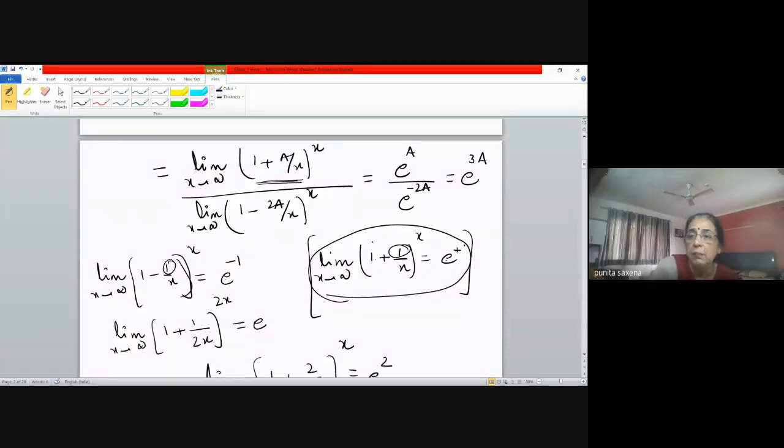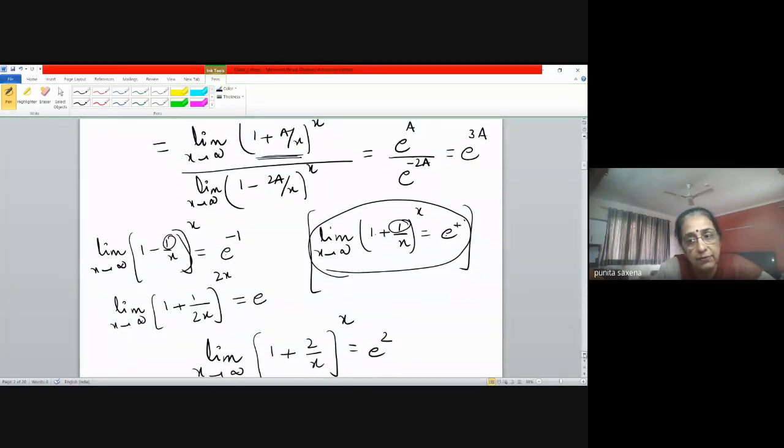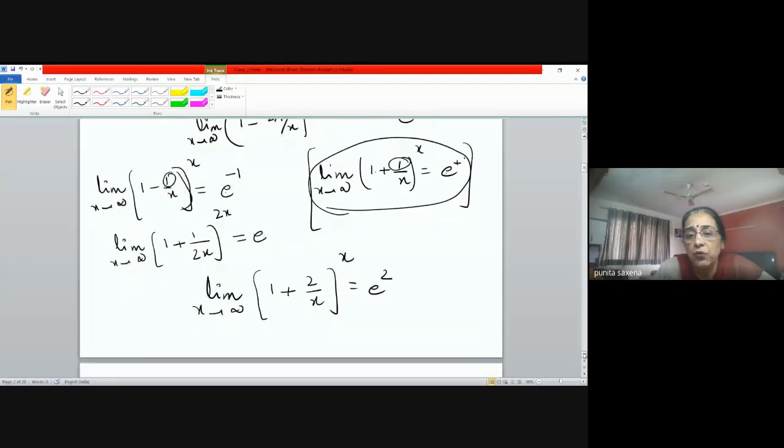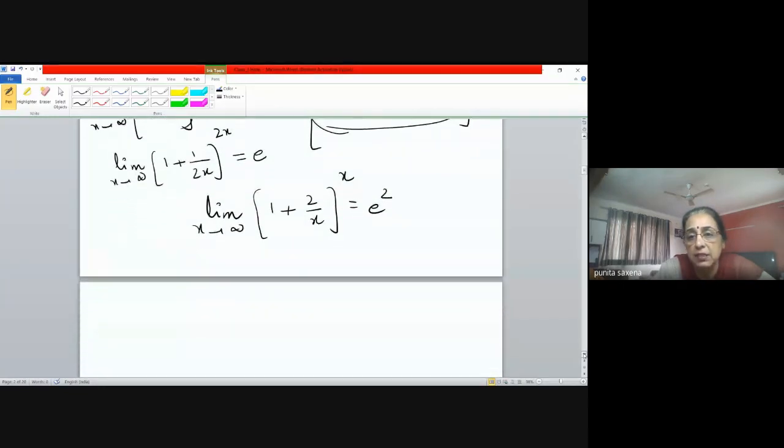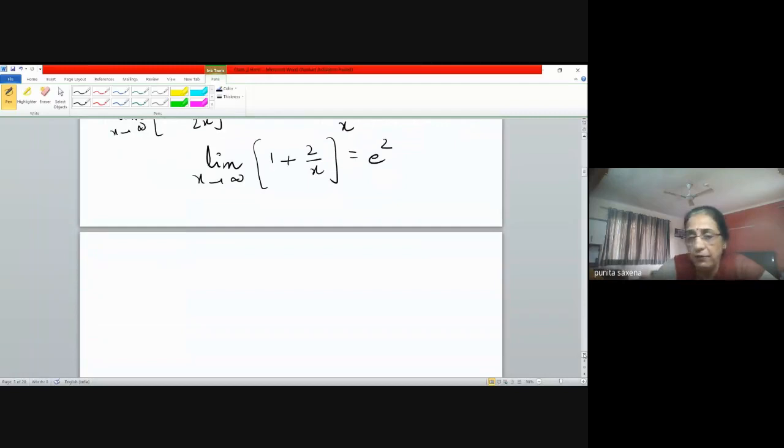Okay. But what does this problem say? This problem says that this limit exists and must be equal to 5. So for this limit to exist, my left hand side must be equal to right hand side. That means I must have e to the power 3a equal to 5.